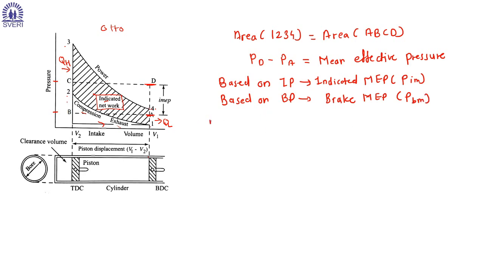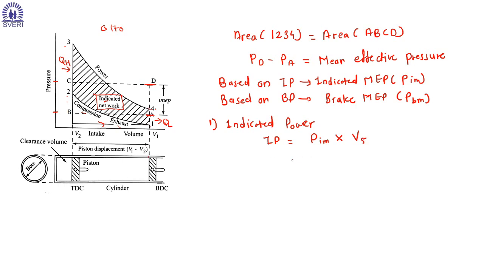So first, if I measure indicated power based on indicated mean effective pressure, this indicated power will be equal to the mean effective pressure based on indicated power, that is PIM, into the piston displacement or the swept volume.